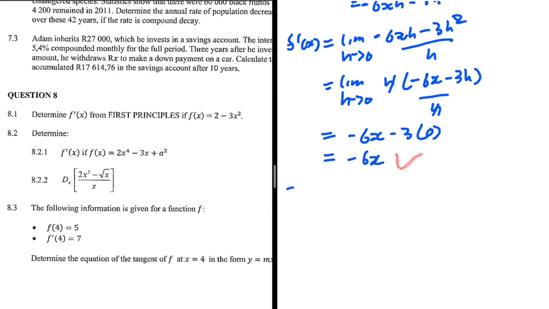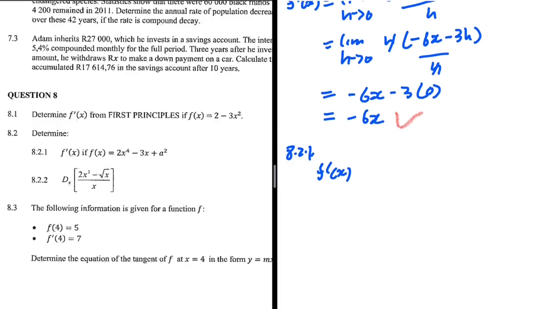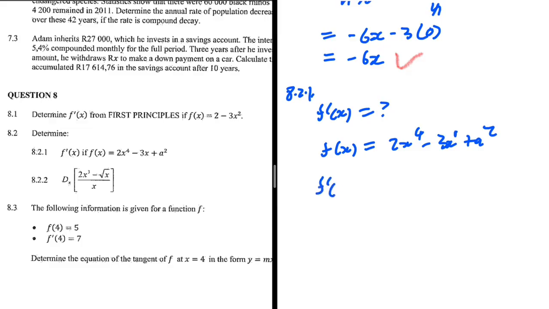And then 8.2.1, we're looking for f prime of x when f of x equals 2x to the power 4 minus 3x plus a squared. f prime of x is 4 multiplied by 2, which is 8, and then 4 minus 1 is 3. Then 1 multiplied by minus 3 is minus 3, and 1 minus 1 is 0. x to the power 0 is 1, so we are just left with minus 3.